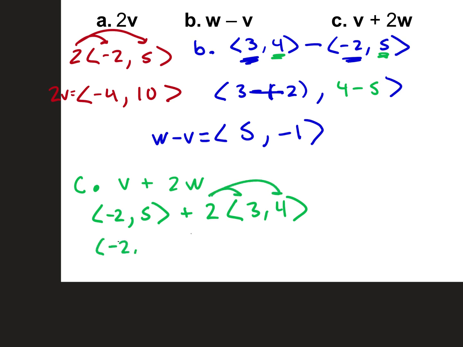So this would be -2, 5 plus, now this is 6, 8. And we add them together. So the first one goes with the first. So -2 plus 6 is 4. And then the second goes with the second. So 5 plus 8, 13. So our new vector is 4, 13.